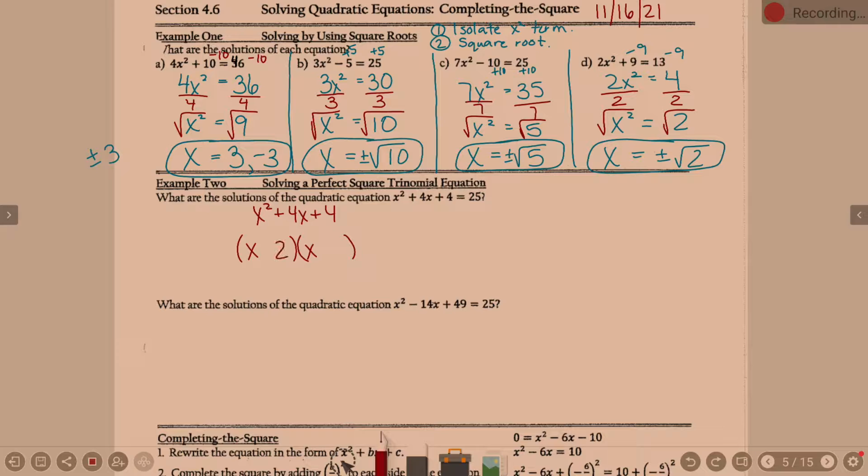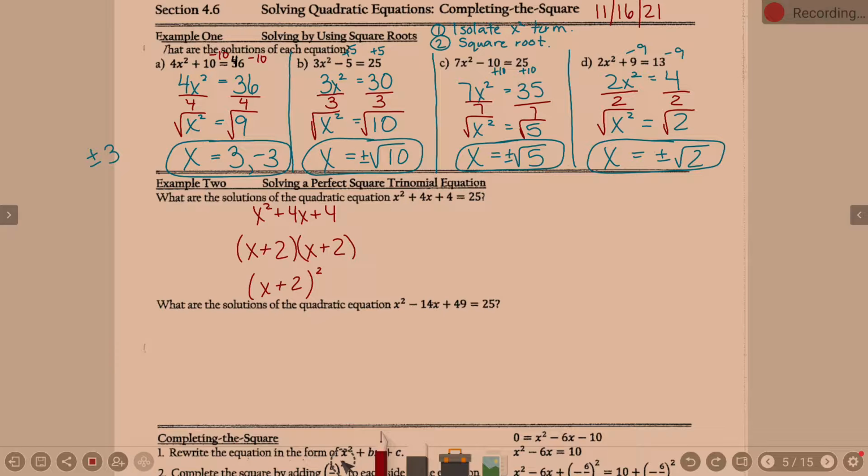If it multiplies to positive 4 and adds to positive 4, they're both positive. I told you this is a perfect square trinomial because it factored into x plus 2 quantity squared. And that's the whole point of why we're doing this.